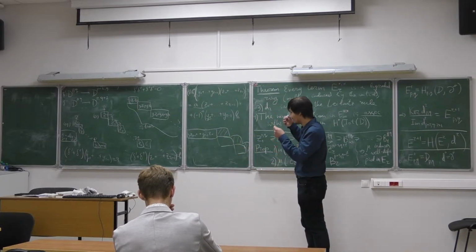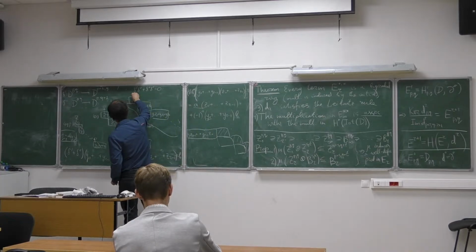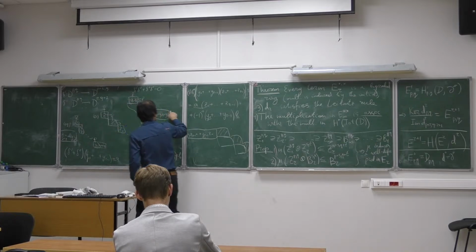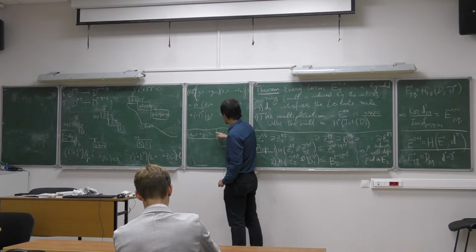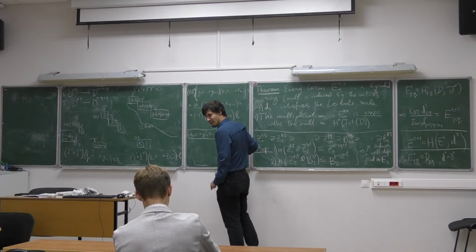So our condition that these two sum up to 0, these two sum up to 0, is not true starting from here. If this were 0, then it would be true everywhere.